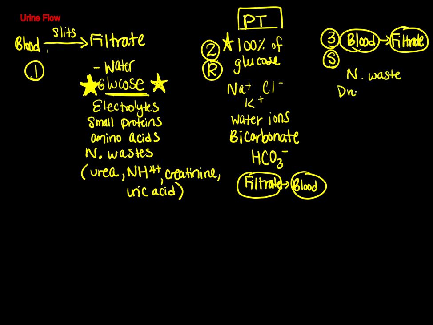This is where you're going to see a lot of times the secretion of drugs like penicillin or morphine, uric acid, ammonium ions, some more of that creatinine, some urea, and H+ ions.